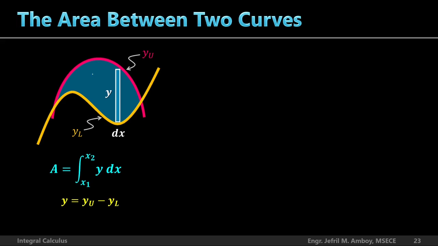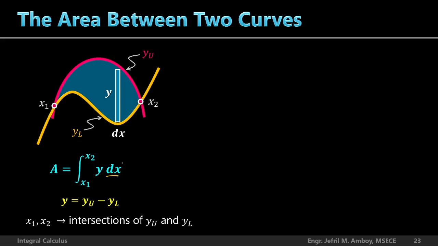Now, sir, how about the limits x1 and x2? So these limits are the intersections of the two curves. So in the graph, here they are. Ito yung x1 at dito naman yung x2. Of course, yan ay point. X and y yan. However, since the variable of integration here is x, dapat ang gawin nating limits ay values ng x.